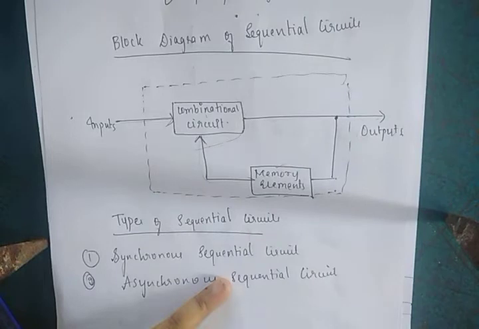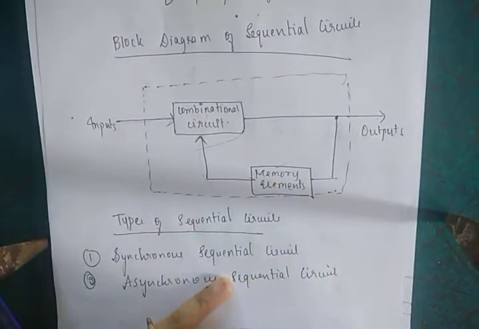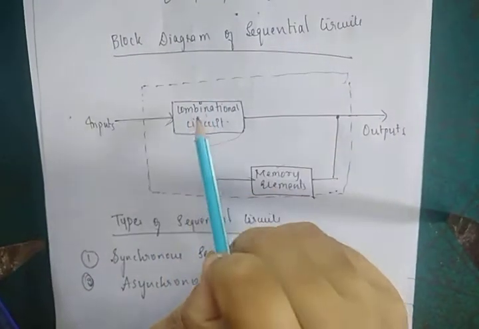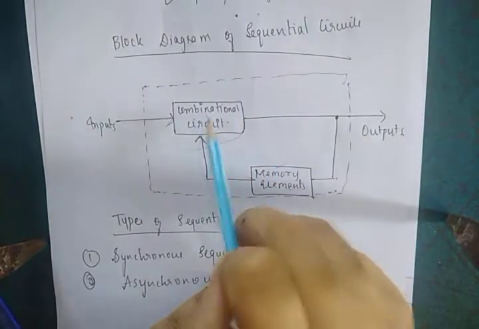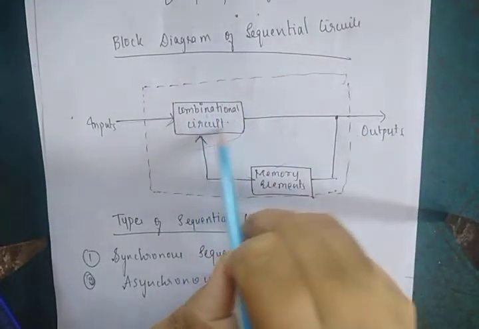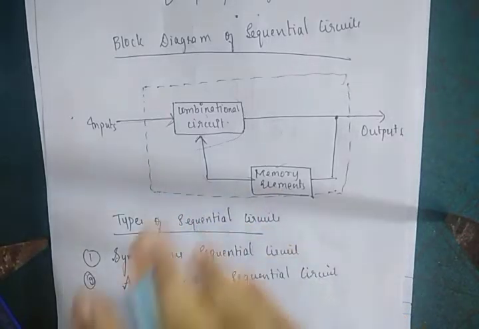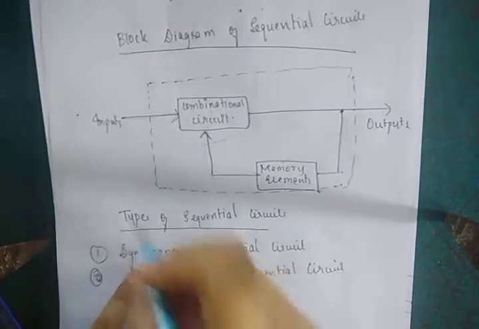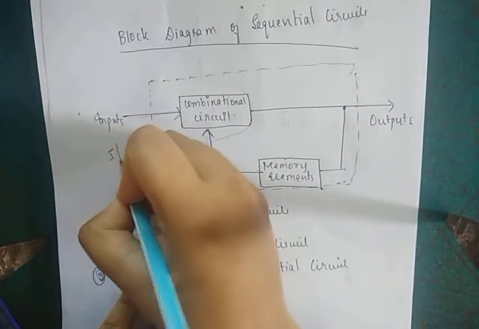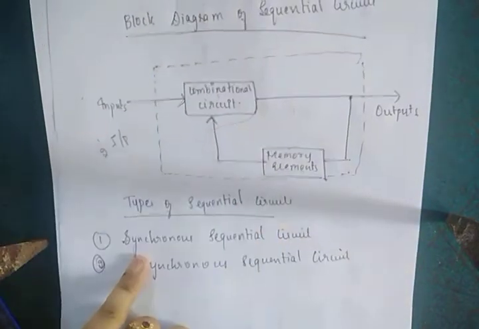What is the meaning of this? The block diagram of a sequential circuit is a combination of a combinational circuit and memory elements. Here, remember, we have two types of inputs.